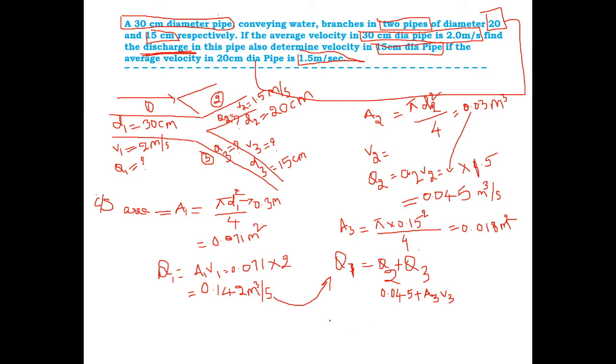Then you will get A3 into V3 is equal to 0.142 minus 0.045.